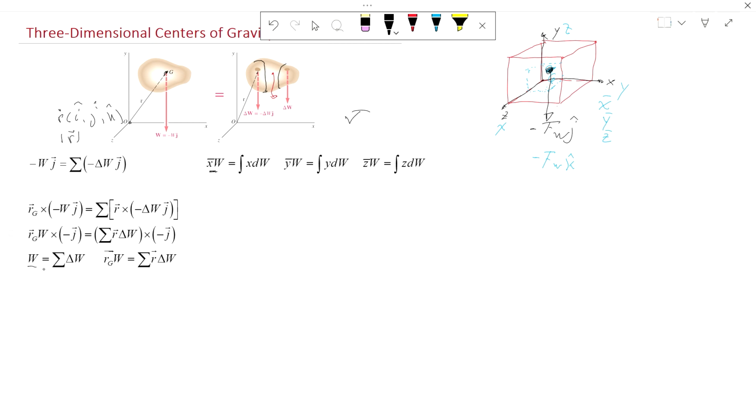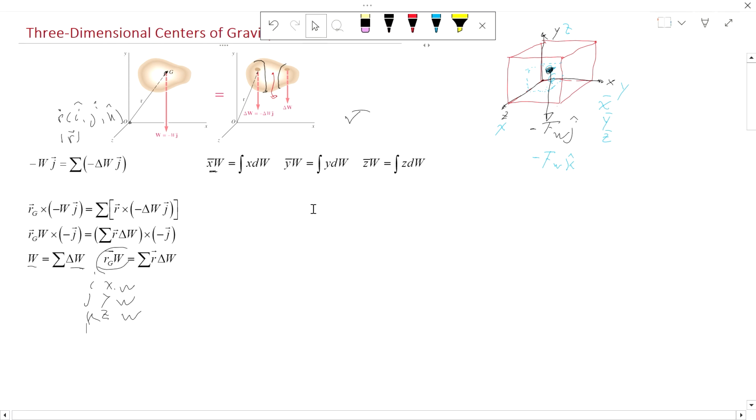That's why we're talking about W, and W is the summation of all the discrete objects that we have. And that's the same case for a vectorial representation of x, y, and z times W, because this will give you the components in i, j, and k.